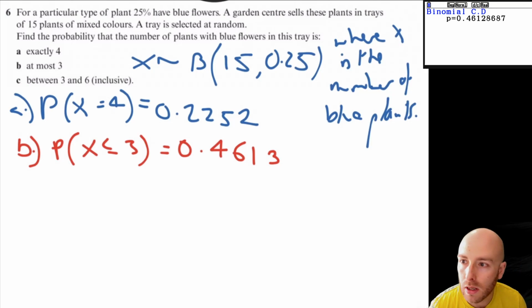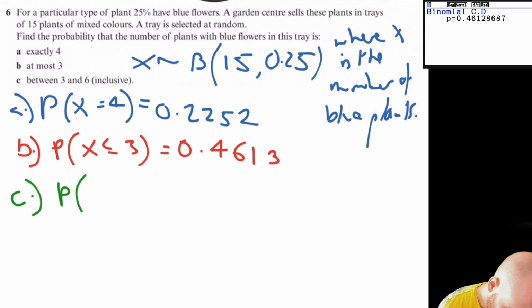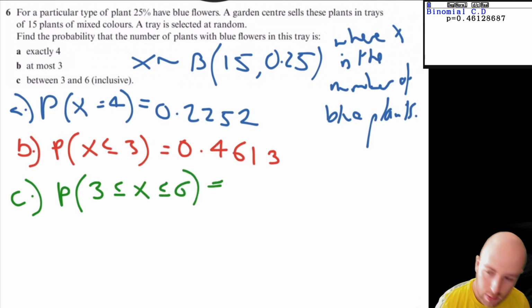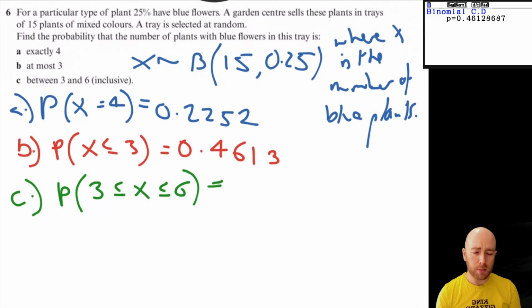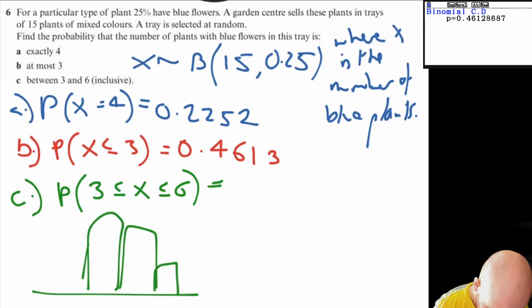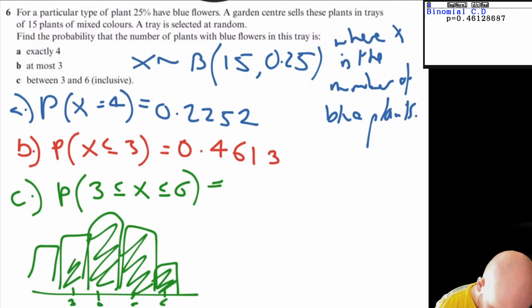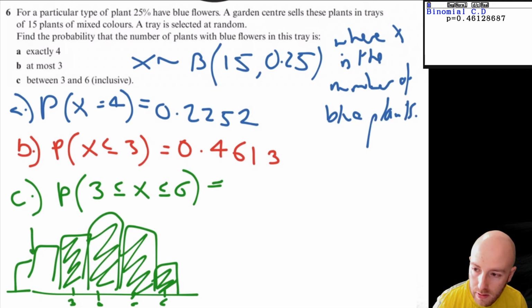Right, and the last one, between 3 and 6 inclusive. On the graphical calculator, this is really easy. You just type in 6 and 3 and push equals. I'll show you quickly on the ClassWiz, with a quick sketch. We want 3, 4, 5, 6. We want all this stuff, so we don't want any of this stuff.